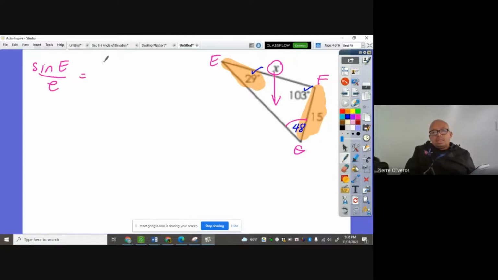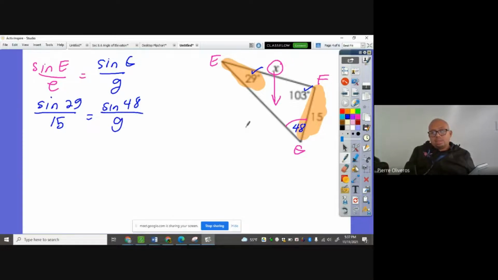And then we can say that sine G over G. So sine E here is 29, side E here is 15, and sine G is 48, is equal to, or over, x, or just G here. We're going to cross multiply them.